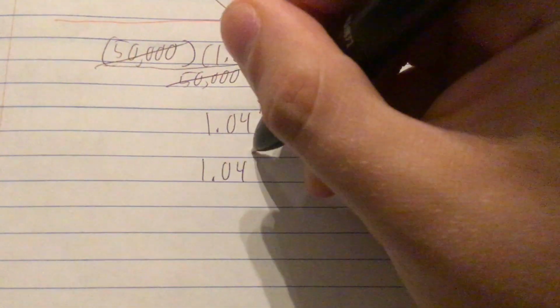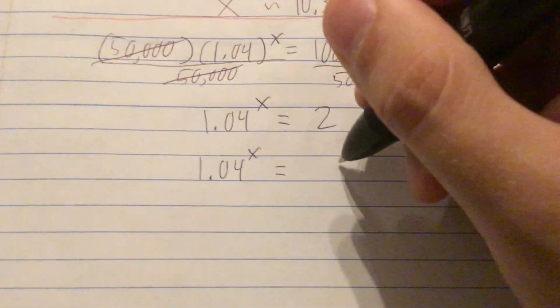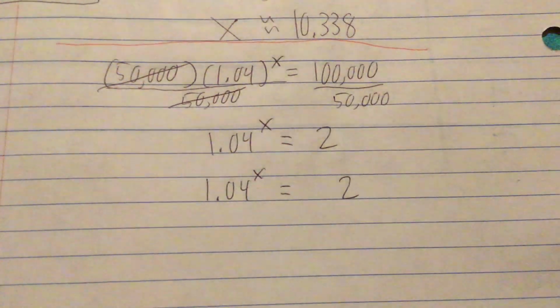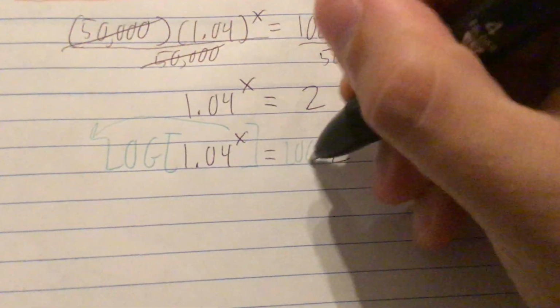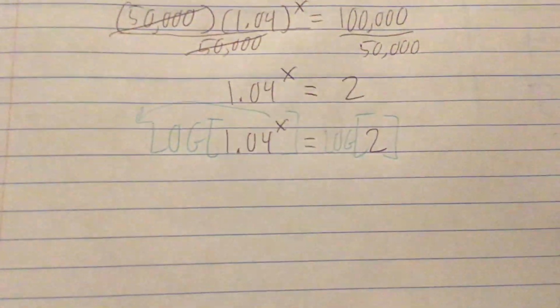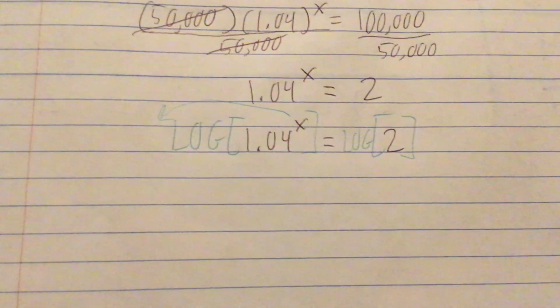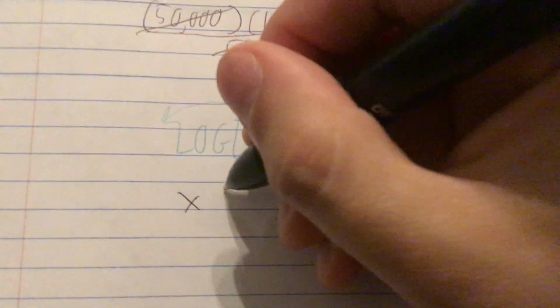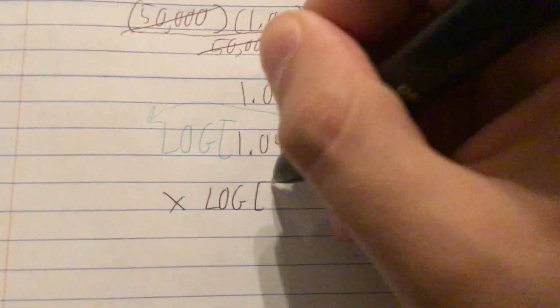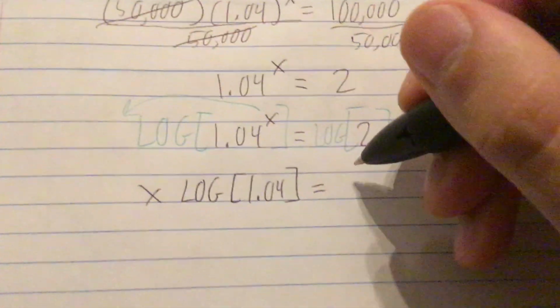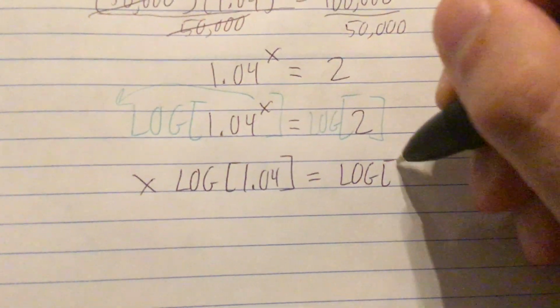So now I want to solve for x, but x is an exponent. So what do I need to do? I'm going to apply the log on both sides of the equation to make that exponent fly to the front. Power factor rule is super useful. Now, I've got log of 1.04 with the x factored out in front is equal to the log of 2.